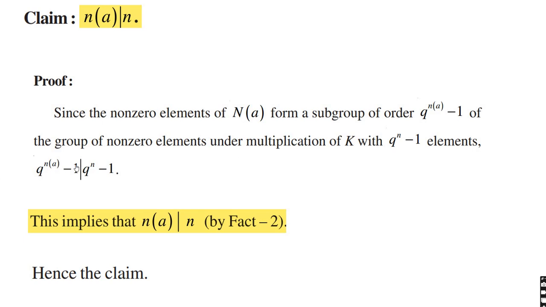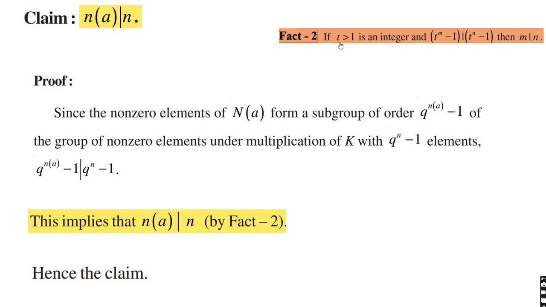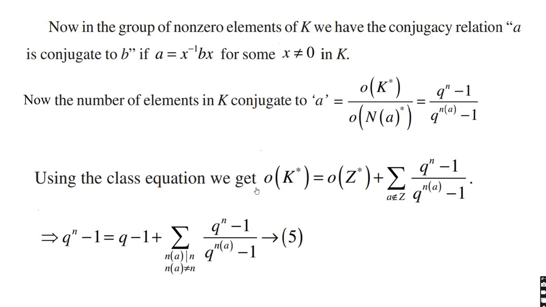So by Lagrange's theorem, this must divide this. So by fact 2, where t is greater than 1 is an integer with t power m minus 1 dividing t power n minus 1, and we have n_A greater than 1, so we can apply this. From fact 2 you get n_A dividing n. So that proves our claim that n_A divides n.